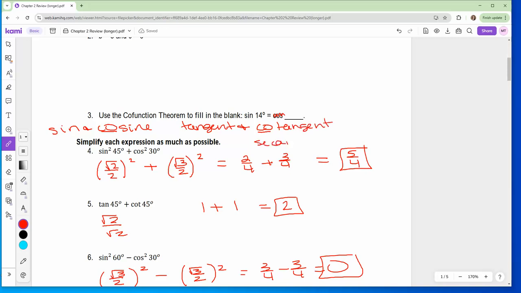Secant and cosecant. And they're equal when their angles are complementary. So the cofunction of sine is cosine. The complement, 90 minus 14, is 76 degrees. So you just have to do 90 minus your angle.